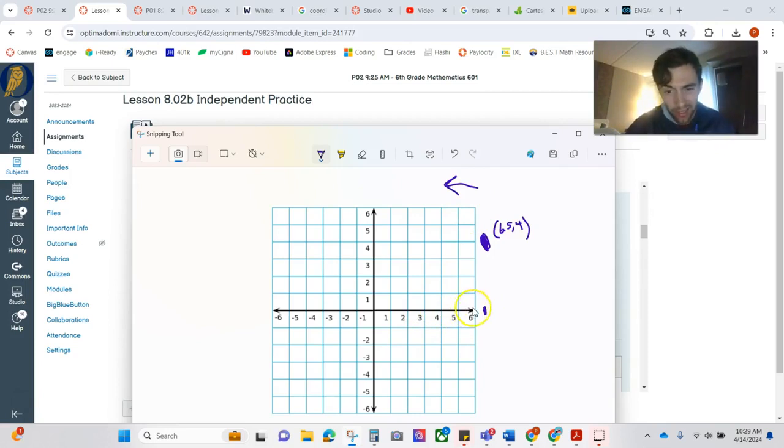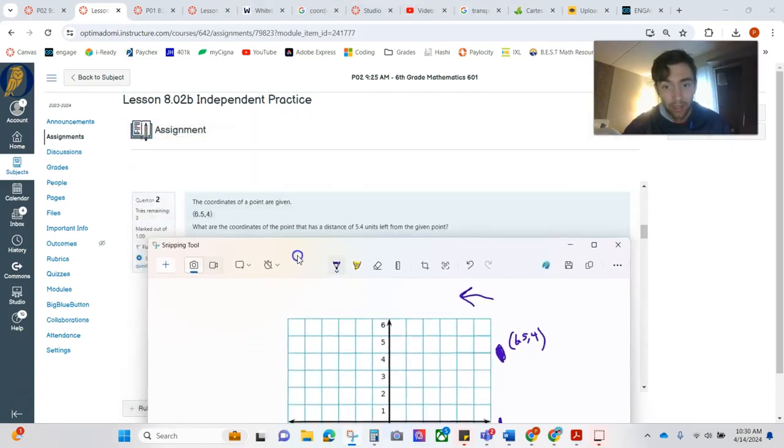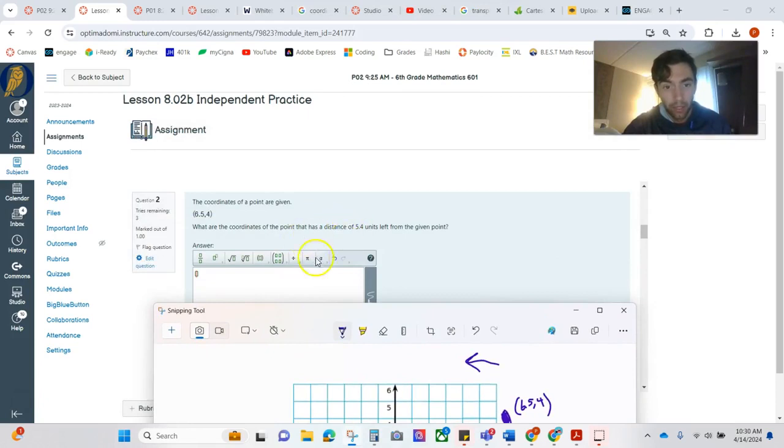Are they getting bigger or getting smaller? They're getting smaller. So whatever answer we put here, the x value will be smaller than 6.5.